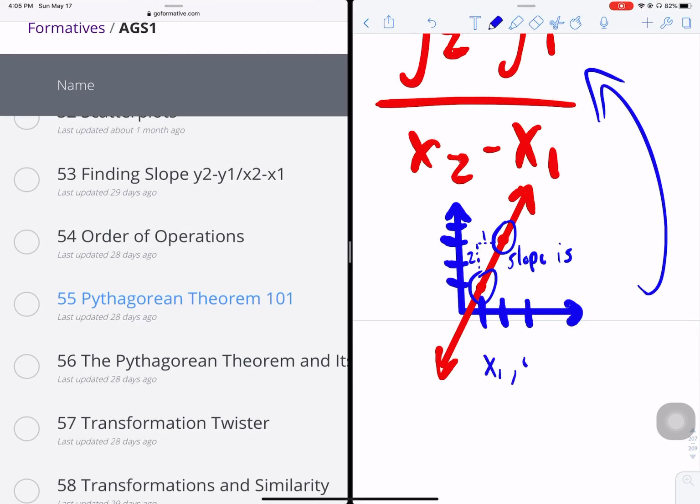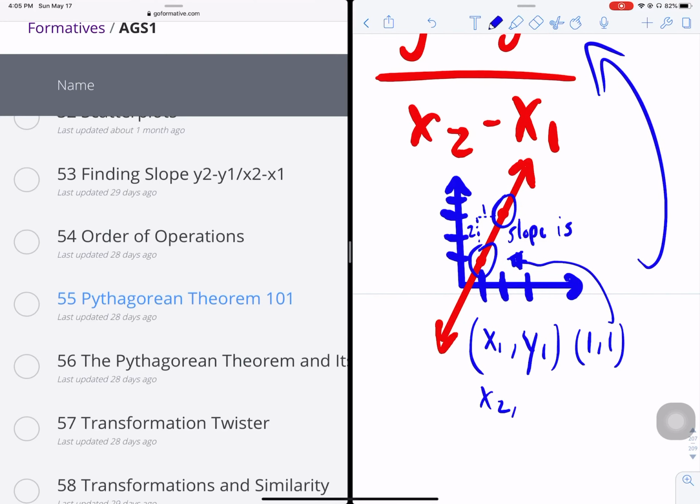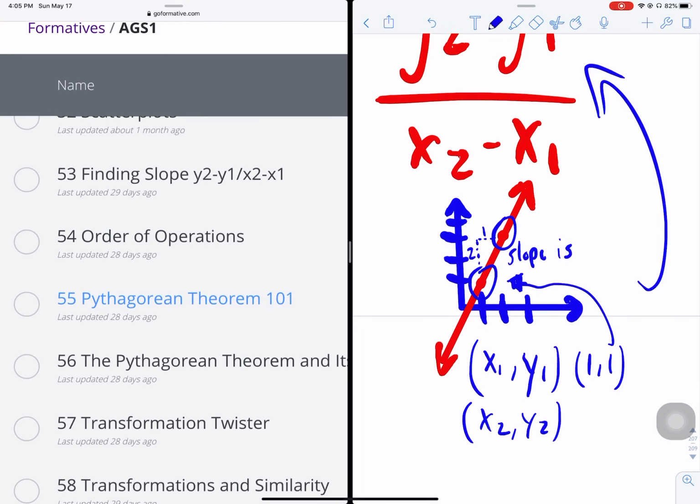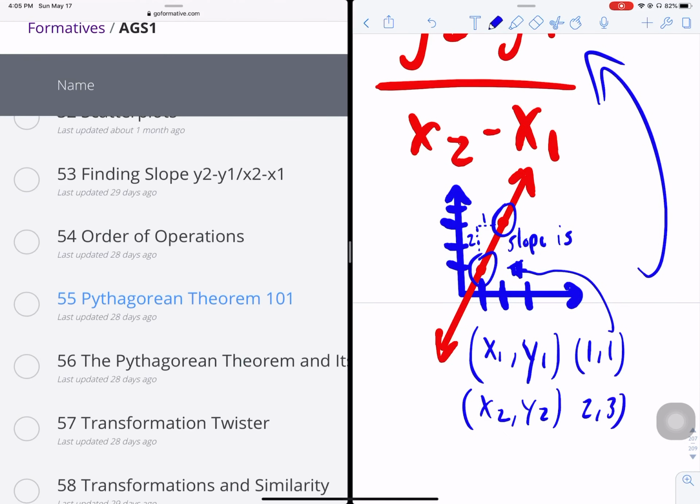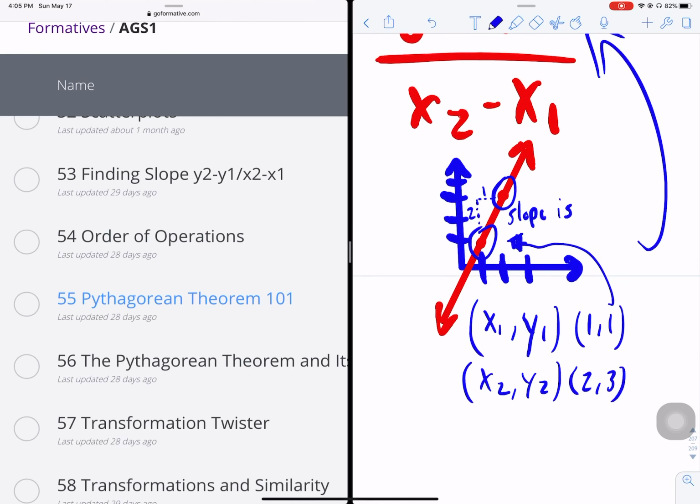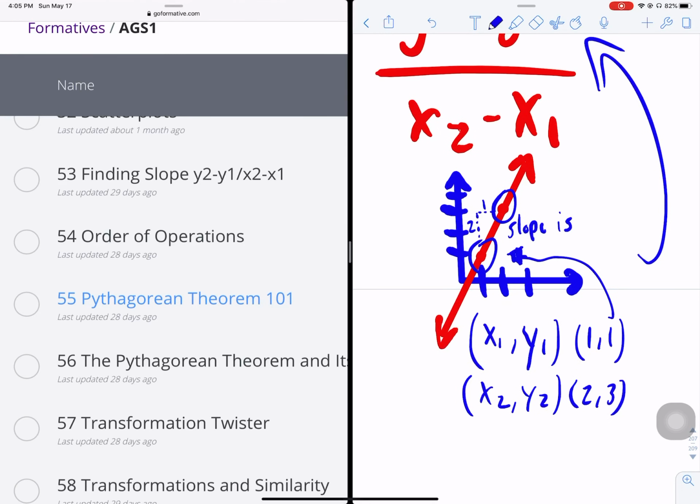So for example, let's call x1 and y1 the first coordinate, and that's 1, 1. That's this one. And then let's call x2 and y2 the next coordinate, which is 2, 3. If you know which one's which, then you simply plug them into the equation.